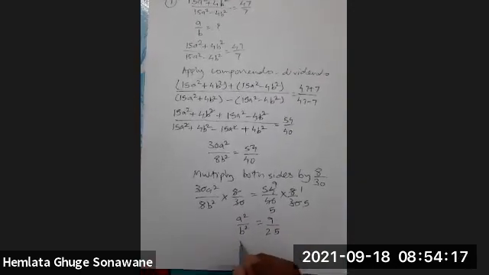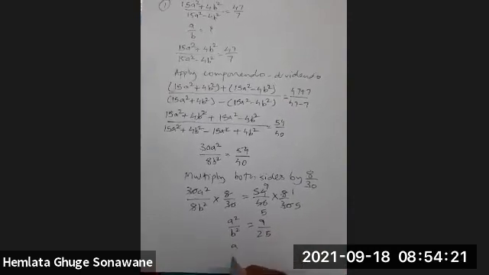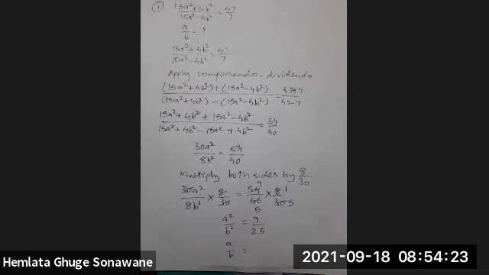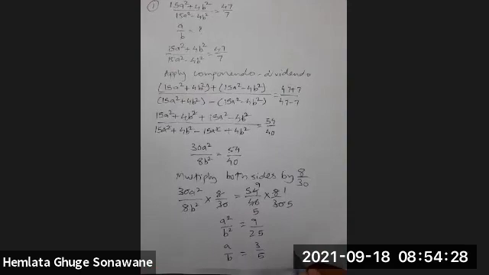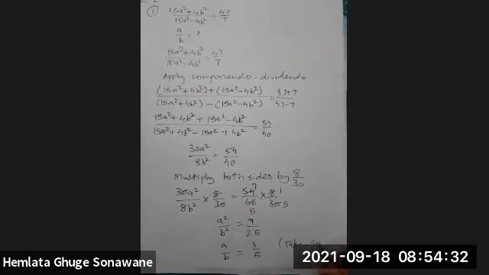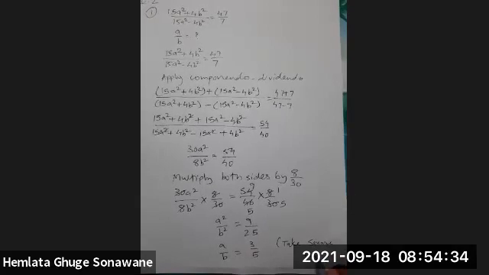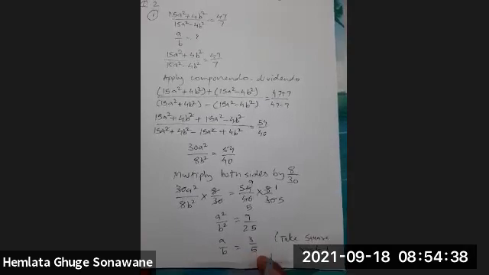Now we'll simplify this. We'll take square root of this. So it becomes a upon b is equal to 3 upon 5. Okay, take square root. So we have got a upon b is 3 upon 5.